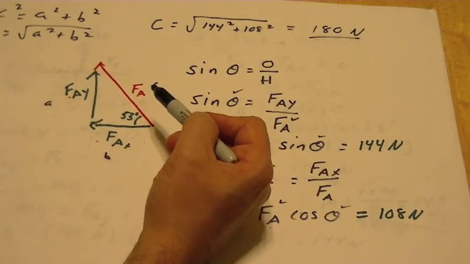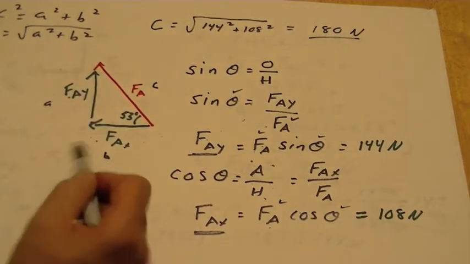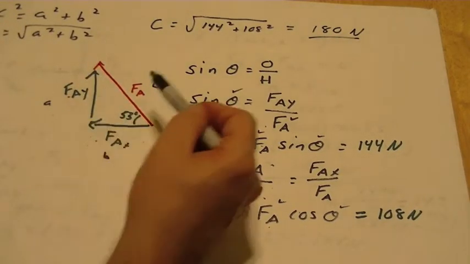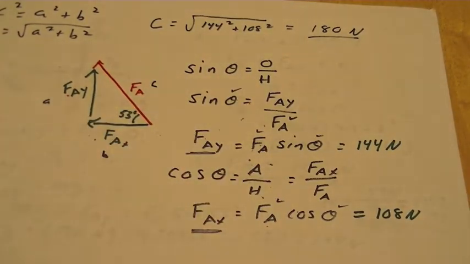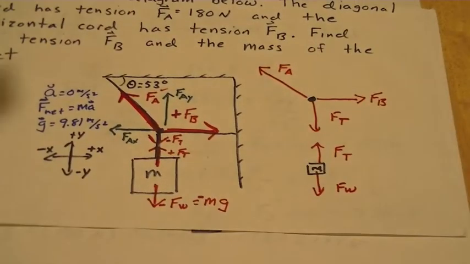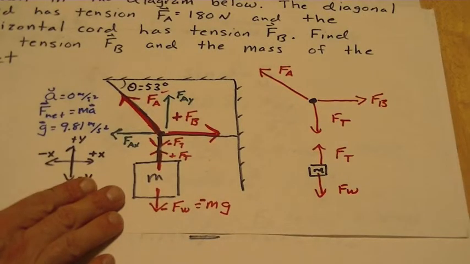So that's just a nice way to double check that you took your x and y components correctly, because by Pythagoras the Pythagorean theorem should yield the length of the original vector, and it does. So just a quick summary, it's worth going back because a lot happened in this problem. We start by noticing that the tension pulling down the rope had to be equal to the weight of the block.